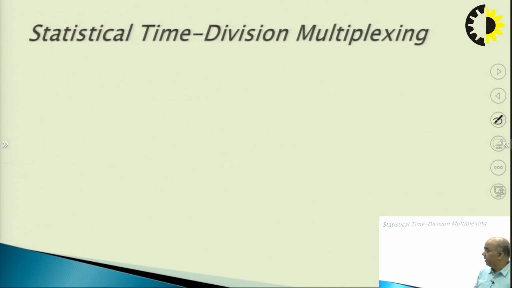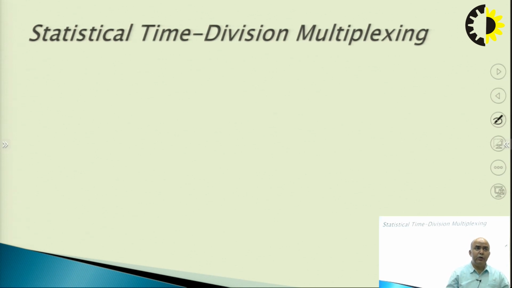The next one is statistical time division multiplexing, or asynchronous time division multiplexing. In this statistical time multiplexing, if one user is not sending data, they are not asked to transmit the data here. So they can utilize the bandwidth in this case.